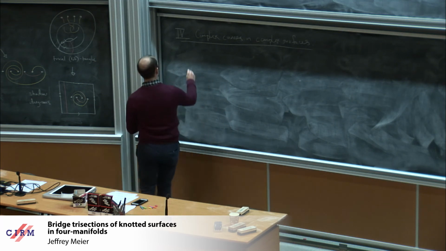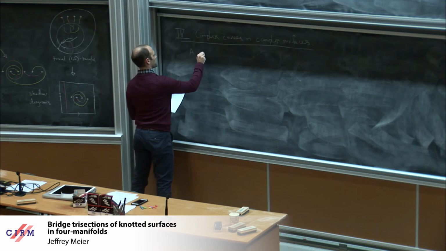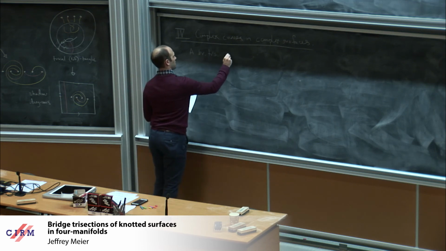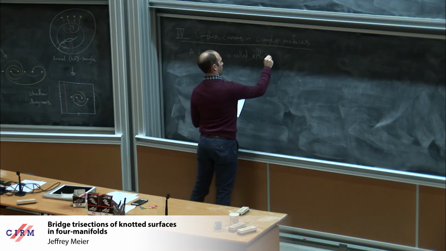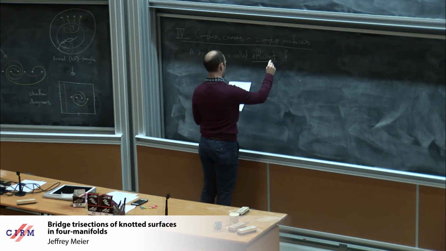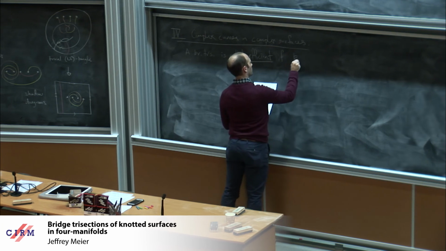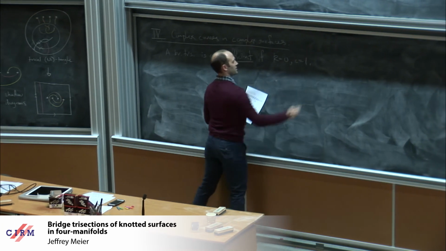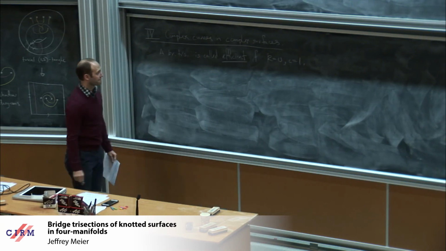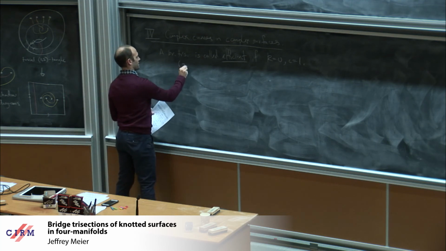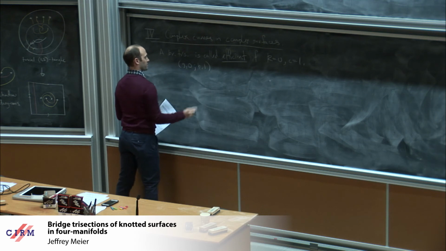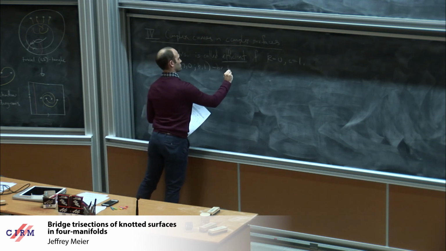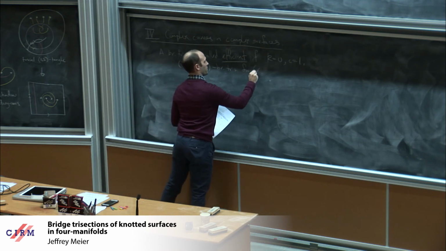Okay, so the relevant notion here is that a bridge trisection is called efficient if k equals 0 and c equals 1. So in particular, it's a (g,0), (b,1) bridge trisection for a pair (X,K).